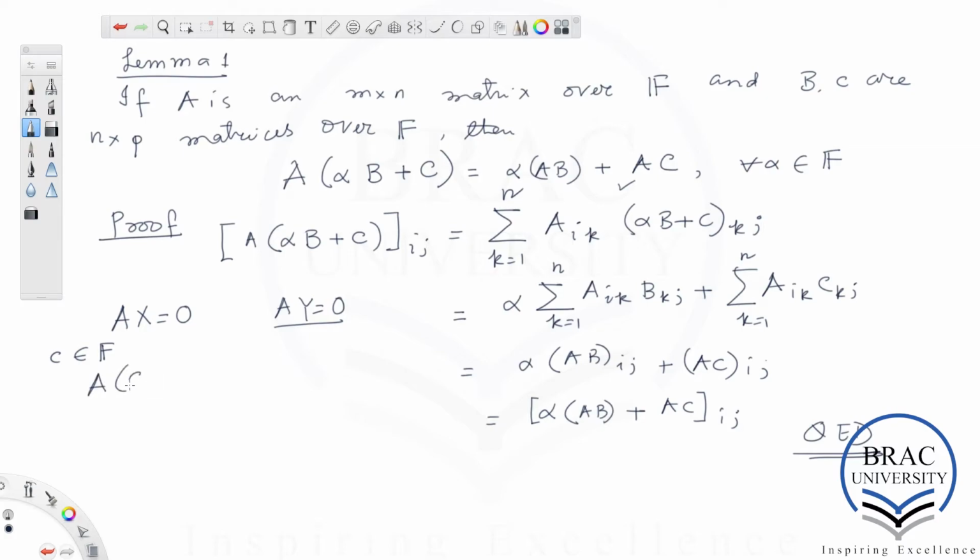A times (cx plus y), according to this lemma, where this c is a small c, a scalar, can be written as c times Ax plus Ay. And since they are 0, this is 0.